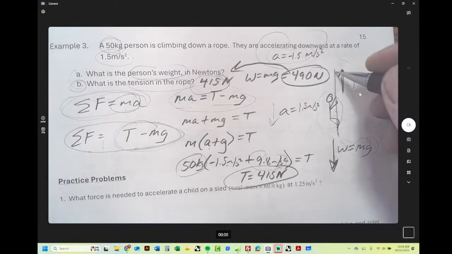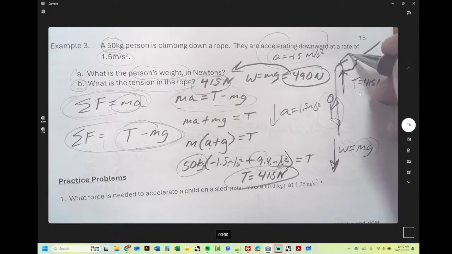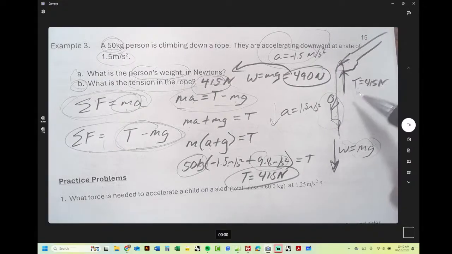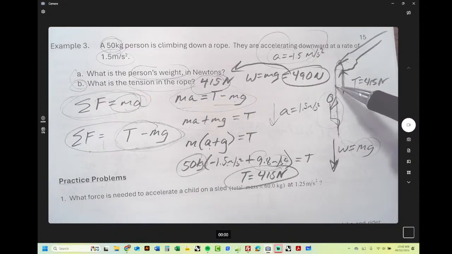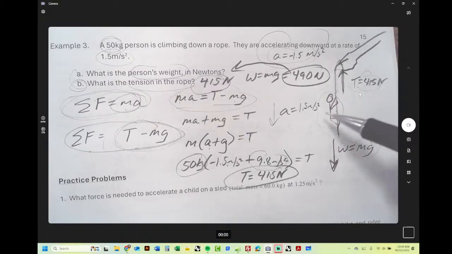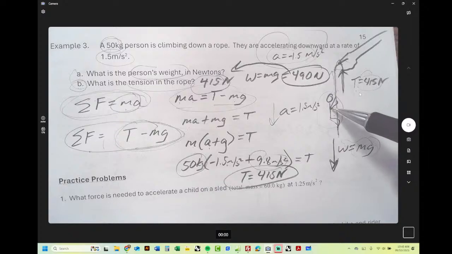So tell me if this makes sense. Let's just say that's the hand of a giant holding this person up here. If you're holding this rope and you're letting this person slip downward and accelerate downward, say you're holding them and then all of a sudden you start to let the rope slide, does that make the rope tighter or less tight? Less tight. And that's what's happening here. It's less than the weight. Now, if all of a sudden you yanked up on this rope and you started to lift the person, what would that do to the tension here?